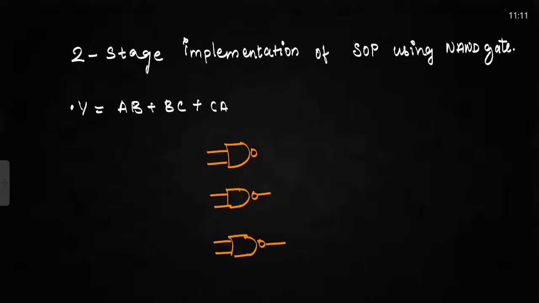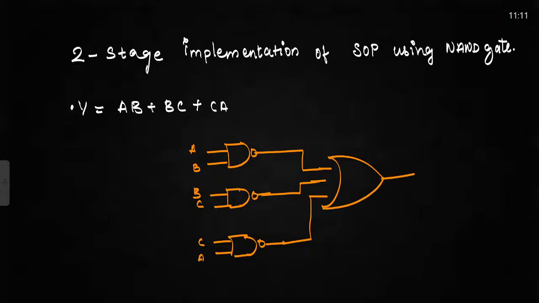I am taking 3 NAND gates. So here I am having AB, BC, CA. So here I need to add all these, right? So then I will get AB plus BC plus CA.